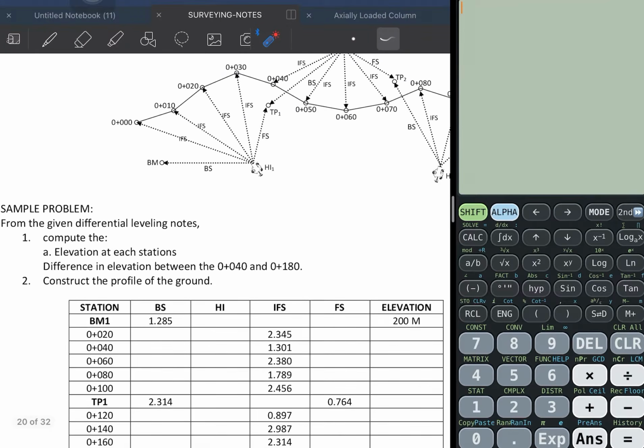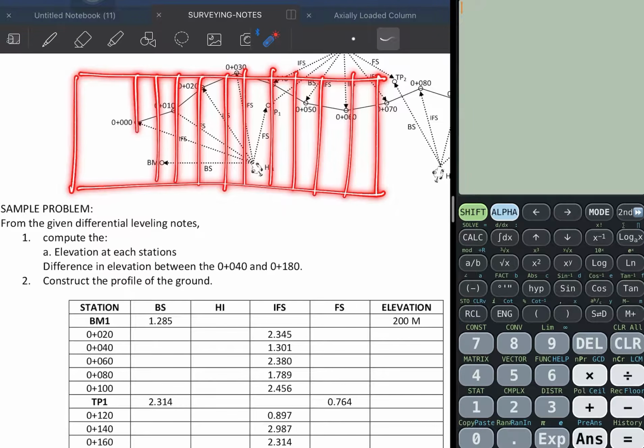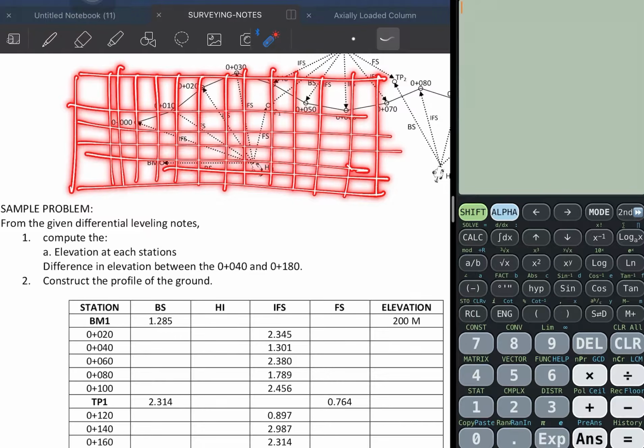By the way, for the profile of the ground, you have the graphing paper, and then you have the elevation versus the station.